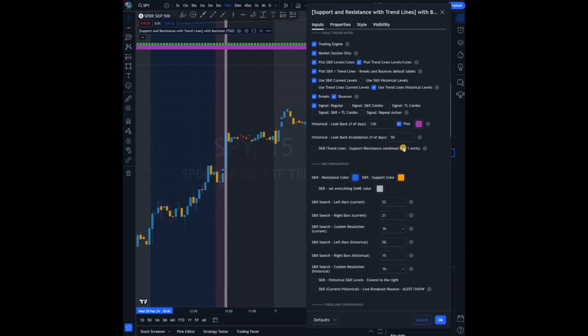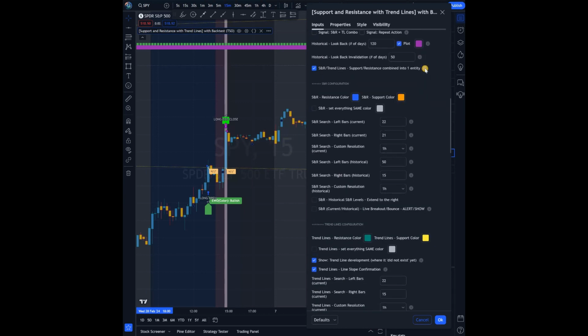But as you know, support can become resistance. So this setting basically makes support and resistance the same thing. Hopefully that explains it. It's explained here really well.